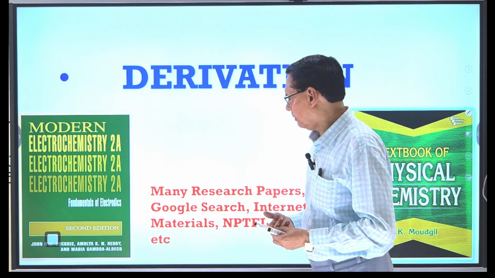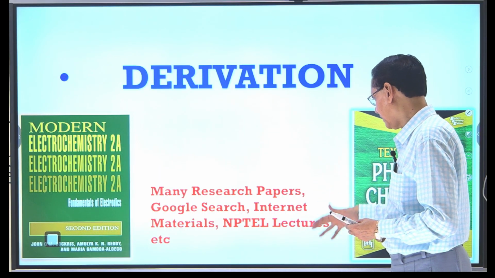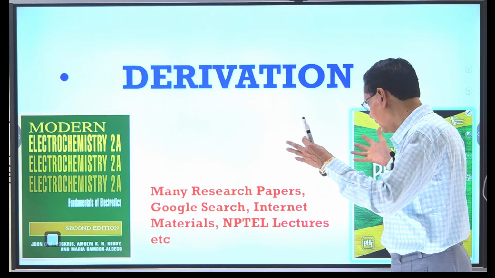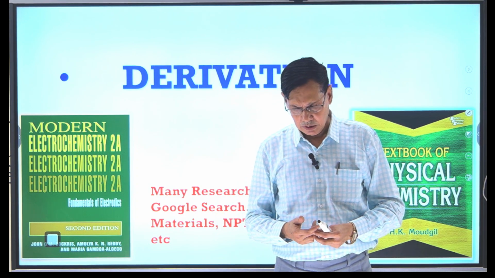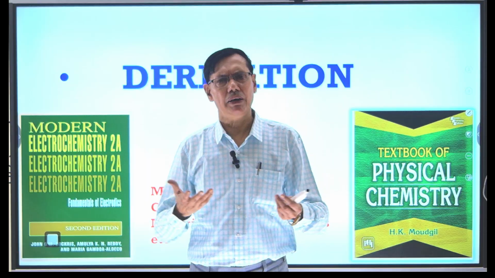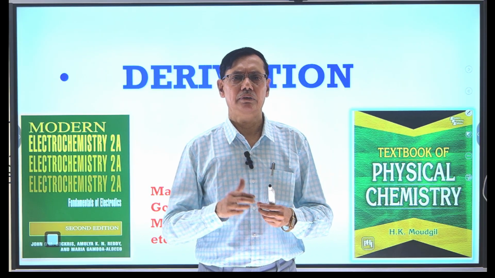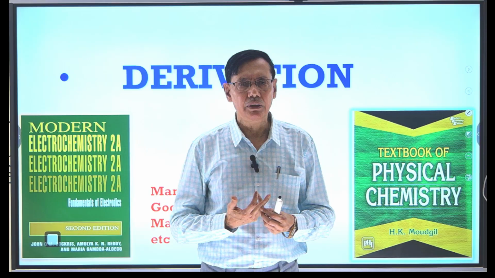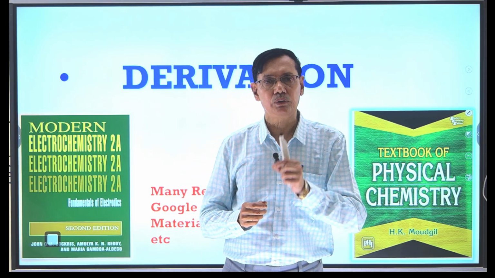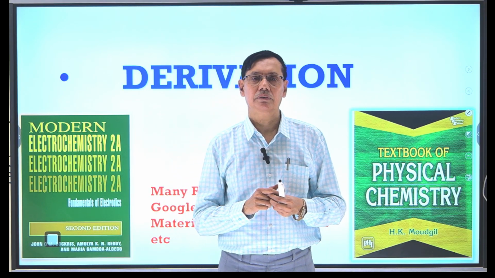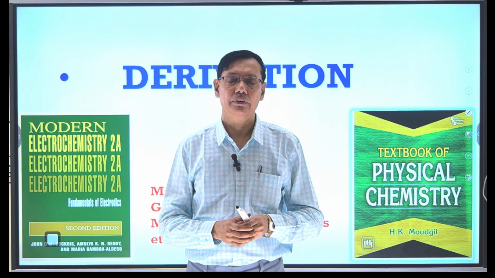And I have referred large number of research papers, some Google search, some internet material, AI, NPTEL lectures, and some Indian books also. I thought that I must, it is my intention, and if you refer most of my lecture, I try that the derivation must be student friendly, so that each and every student of M.Sc. second semester chemistry is able to solve that Gouy and Chapman equation.